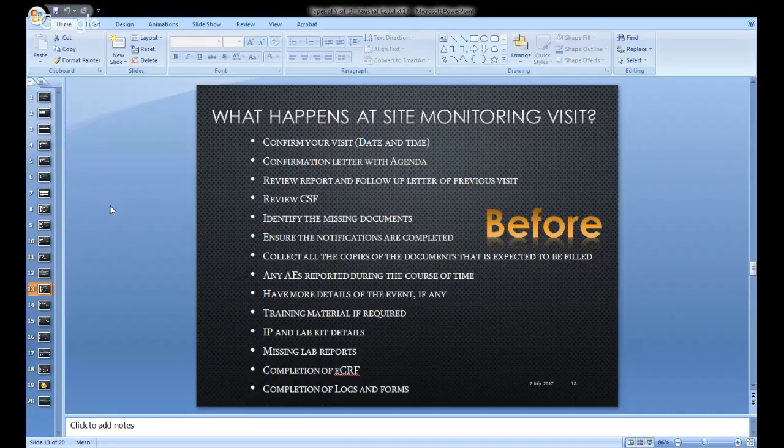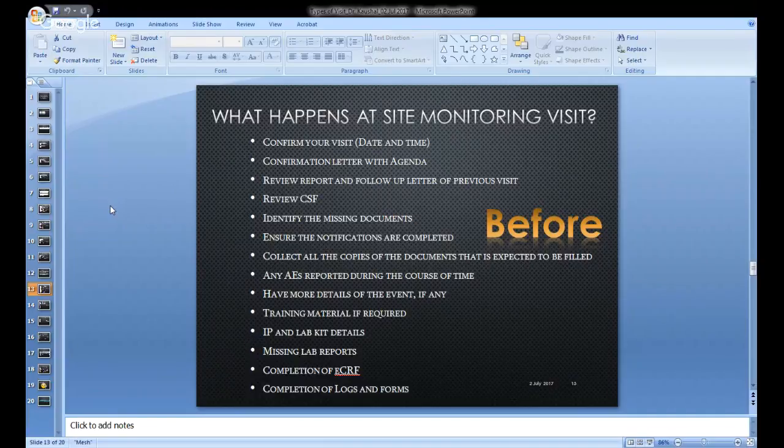But as per the documentation, this falls under in-house hospitalization, which is a serious adverse event. Maybe the patient is cured, maybe he is treated and he is back to his routine life. But yes, it was not an adverse event, it was a serious adverse event. So this needs to be captured. So enlist all the adverse events that have been reported in the course of time. Be ready to review it to the core.